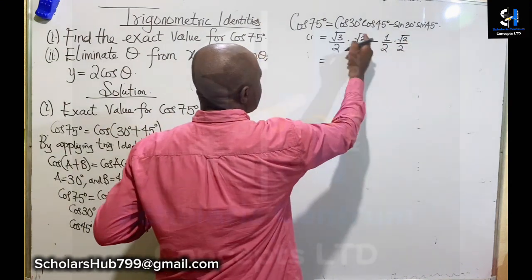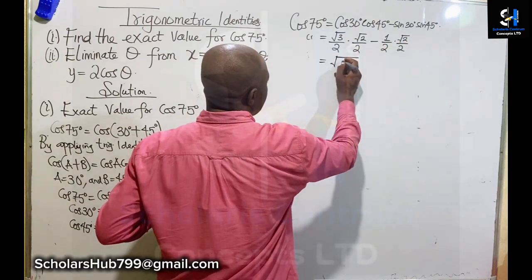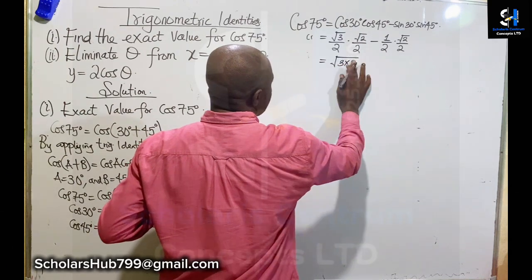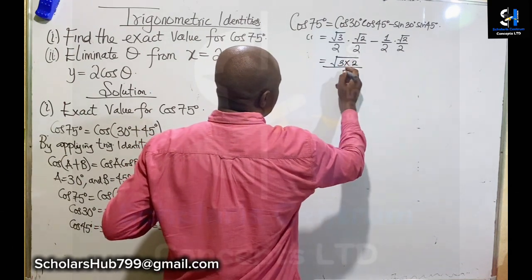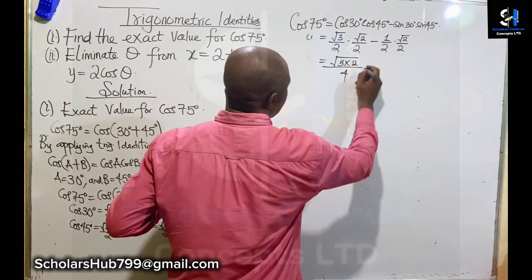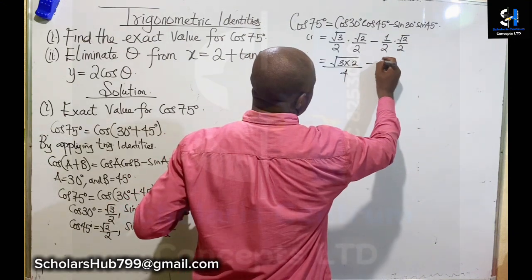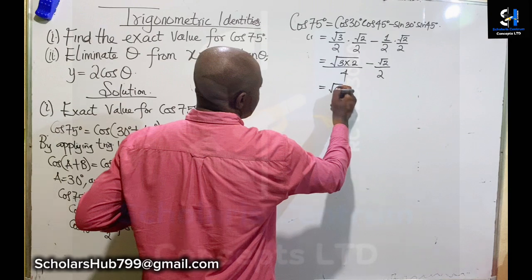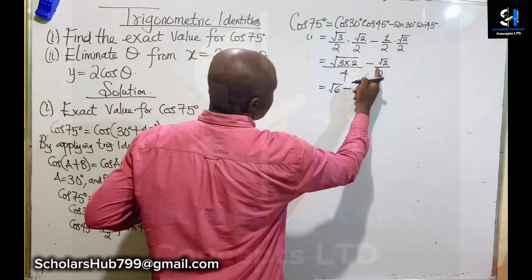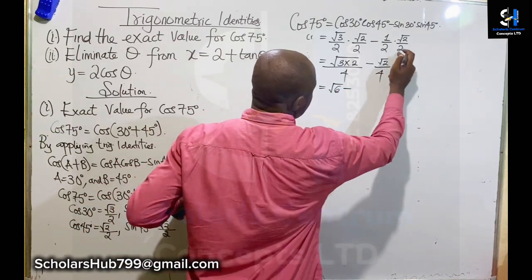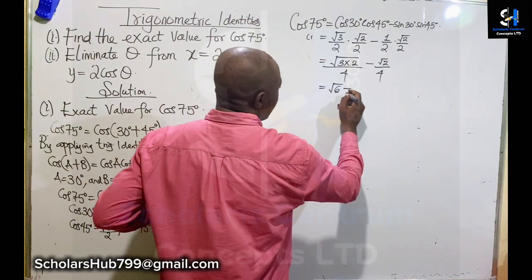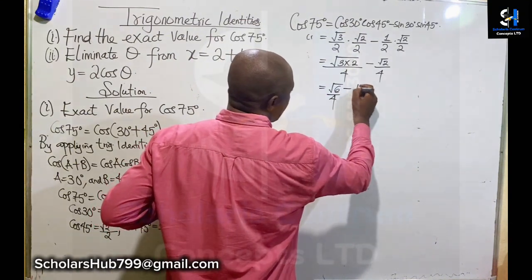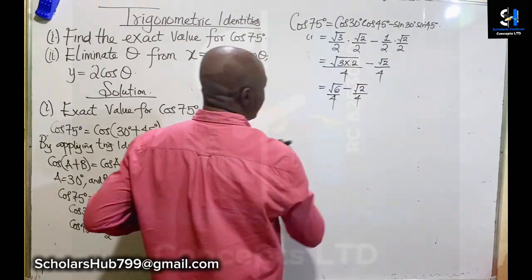When these are multiplied, we have root 3 times root 2 over 2 times 2, which is 4, minus root 2 times 1 over 2 times 2, that will be root 6 over 4 minus root 2 over 4.